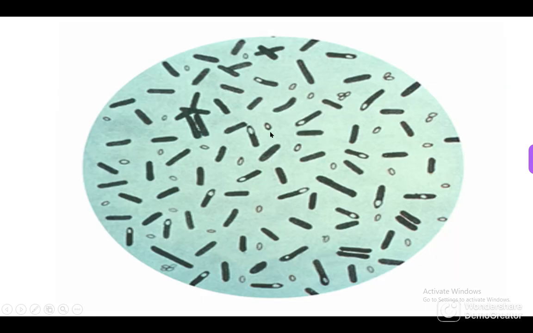Now this is the bottle shape seen with a high-power microscope. You see the endospores inside, making it like a bottle shape. At the end of this bacillus, there is a hole there. Look at this in the high-power microscope, gram-positive bacillus.